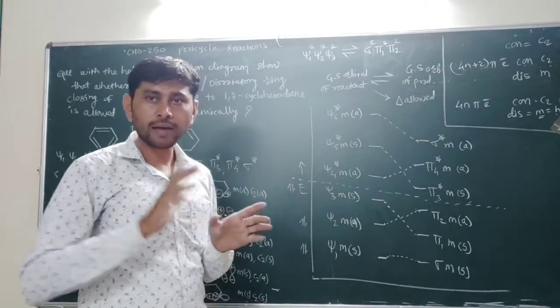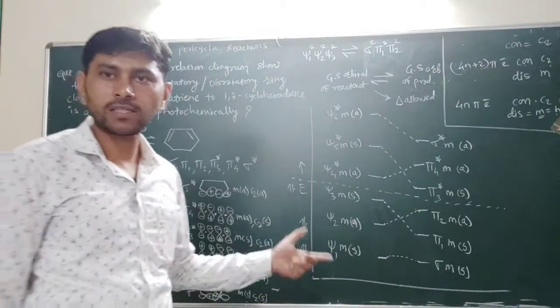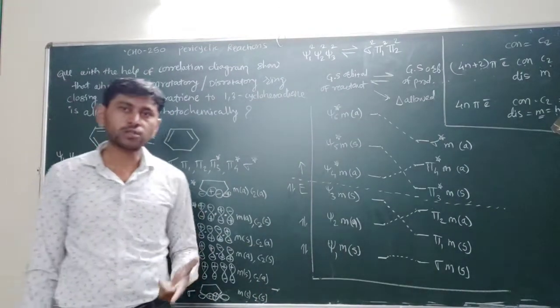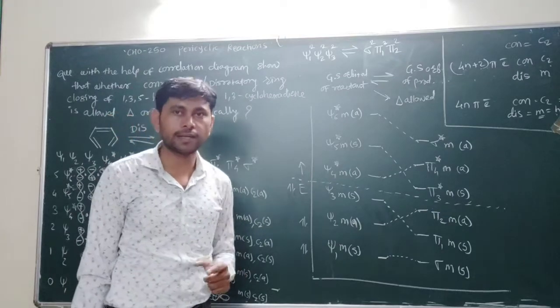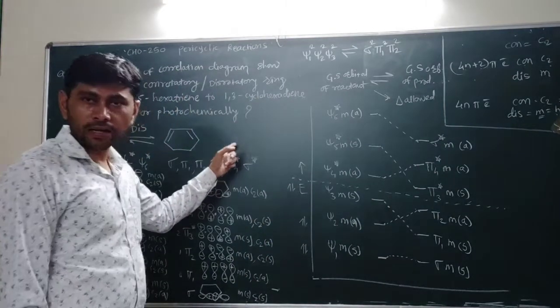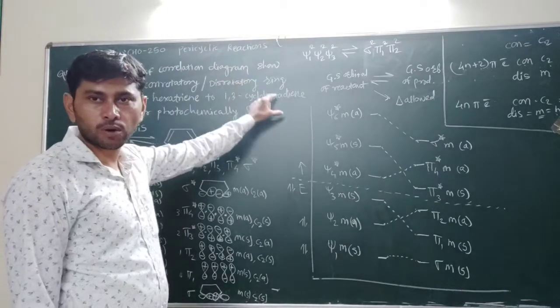Okay. So now the second method of analysis of electrocyclic reactions. We are studying electrocyclic reactions, a part of pericyclic reactions, where the analysis can be done by using a correlation diagram.